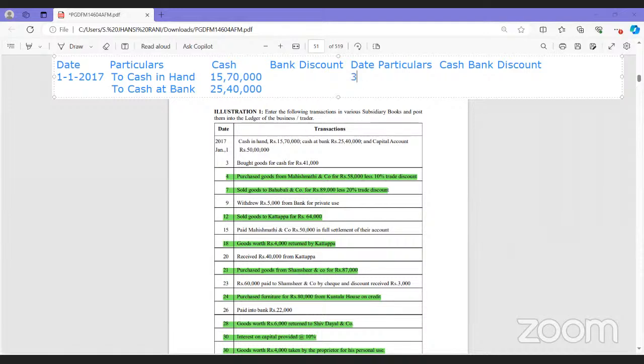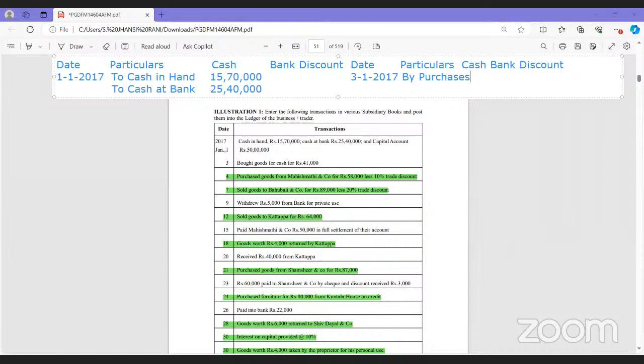So I'll write here 3/1/2017. Why is my cash going out? Because I bought goods. Bought means nothing but purchases. So I'll write by purchases.